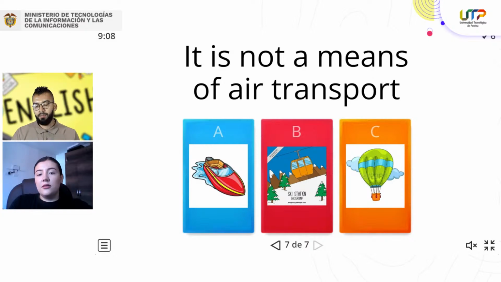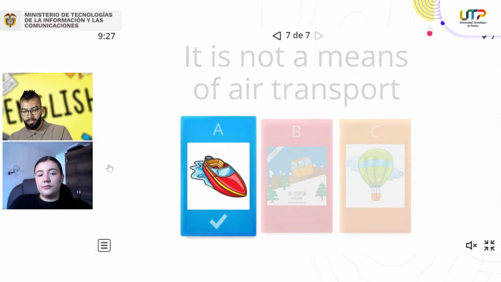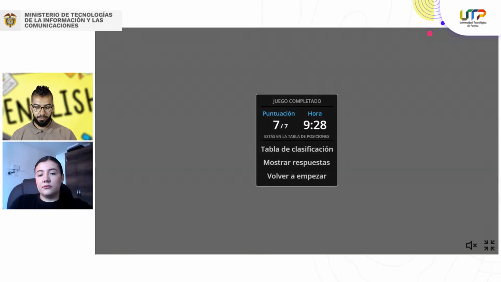No problem with that one, but of course it's a water means of transportation. Option B was the cable car, and option C was the hot air balloon, all right? That's correct. The means that is not a means of air transportation is the boat. Very good, guys.